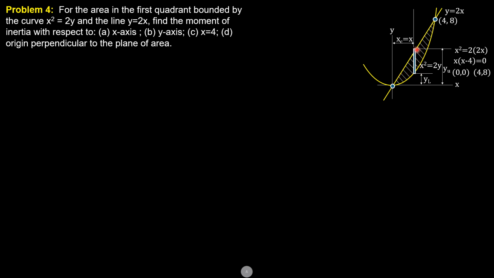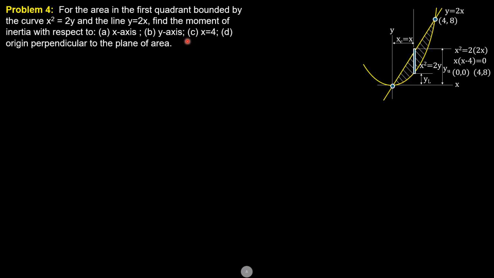So again, I consider a vertical strip. You can also have a horizontal strip; it is possible, you can do it. Then the centroid of the rectangular vertical strip, the distance from the y-axis is x, x sub c is just x. Then we have upper y, which is y of the line, and lower y, which is the y of the parabola.